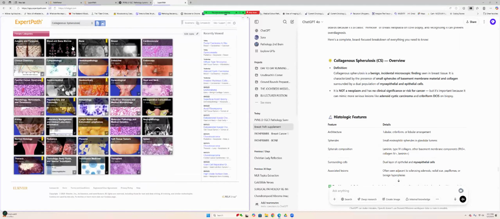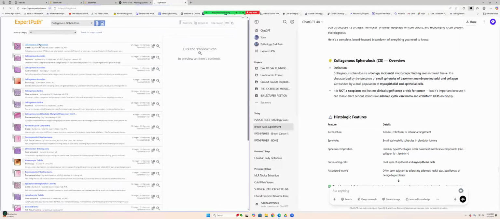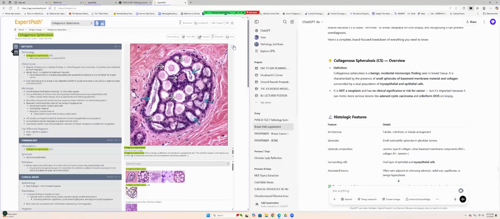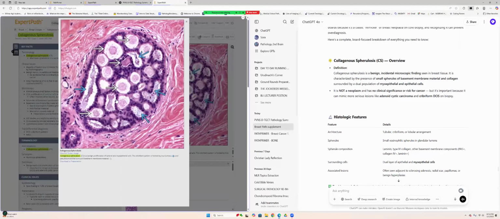Is it collagenous spherulosis? This is it. Benign proliferation of luminal and myoepithelial cells. The cribriform pattern is formed by true lumina and pseudolumina that surround basement membrane material.